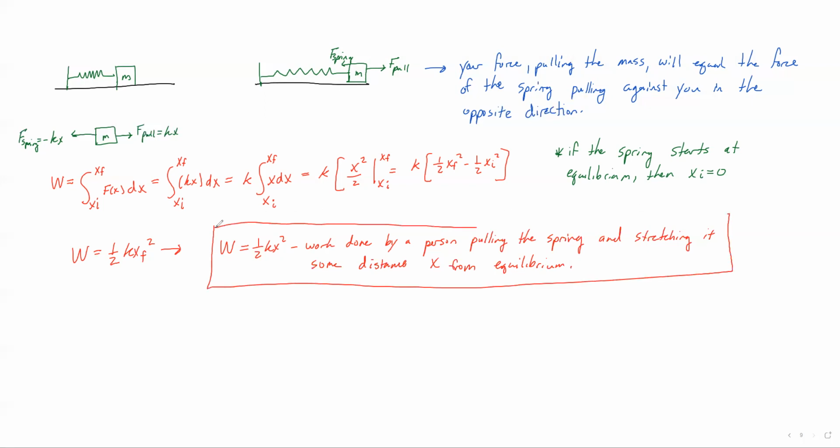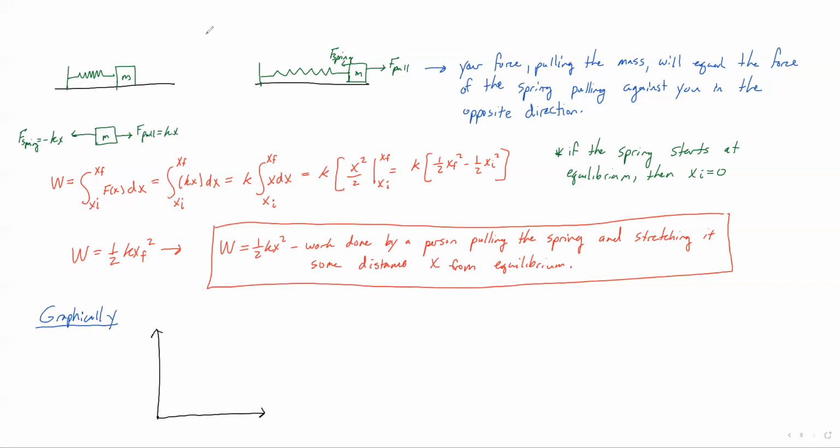Well, there's another way to do it too, right? We know that we can do this graphically. What do I mean by graphically? Well, I'm going to draw the force on the graph.